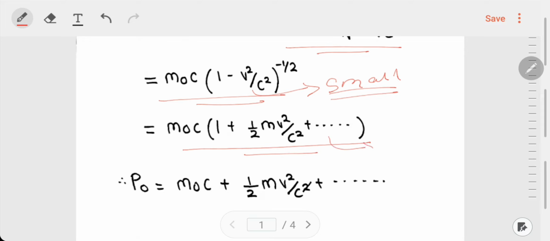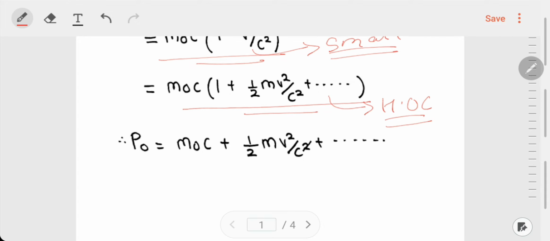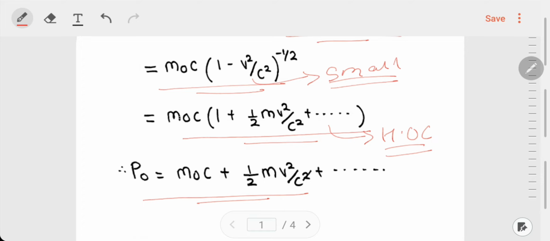So these are the HOCs, that is higher order corrections. So we get p0 as m naught c plus half m naught v square by c plus higher order corrections.